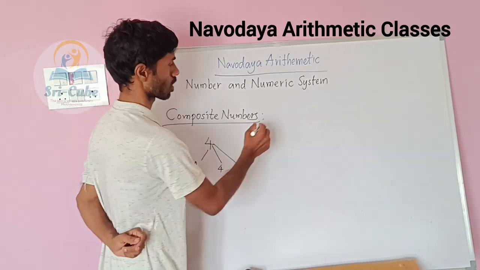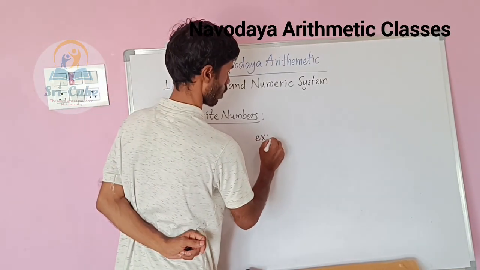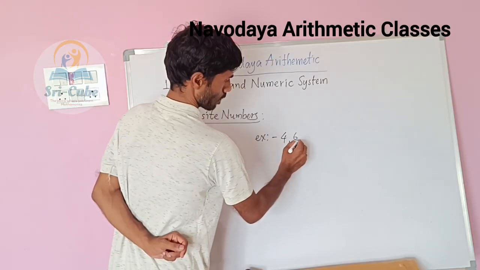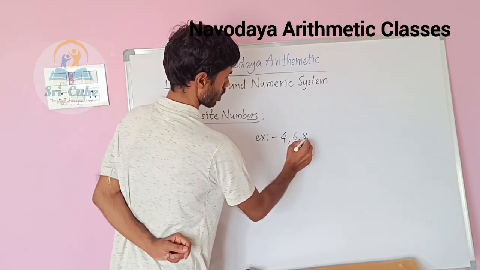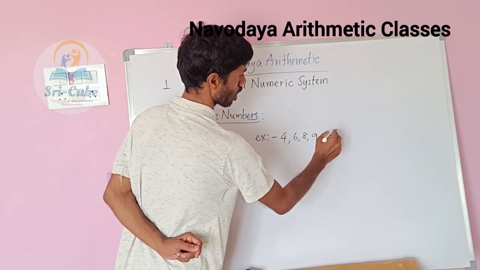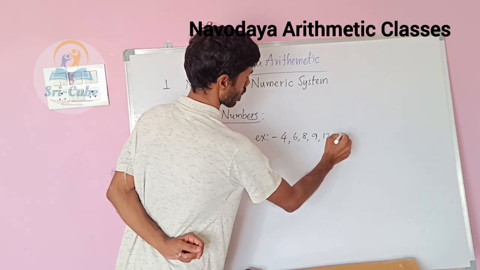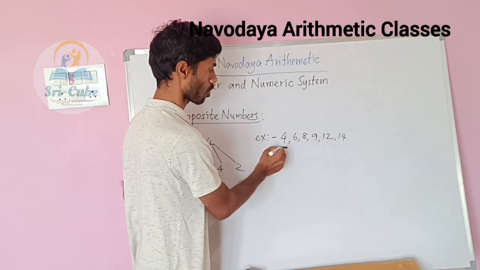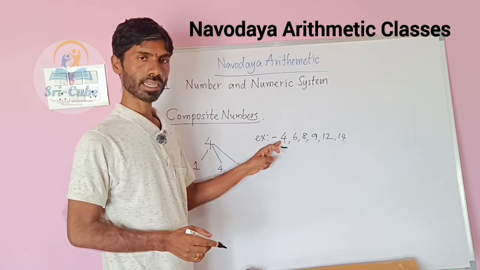So for example 4 and another 6, 8, 9 and 12. Next 14. So if you observe this, 4 is the smallest composite. If you take 3, that is prime.